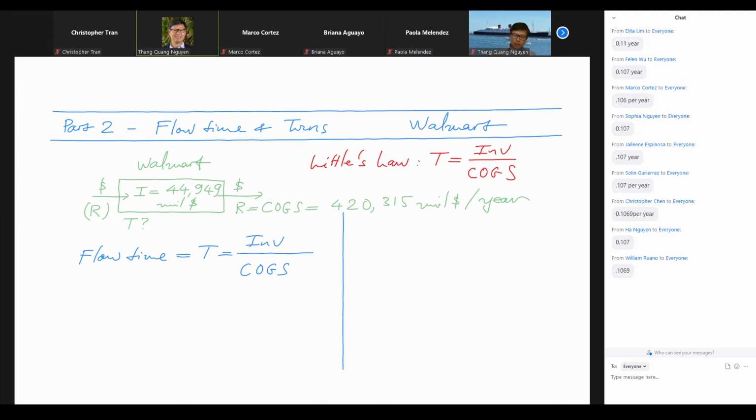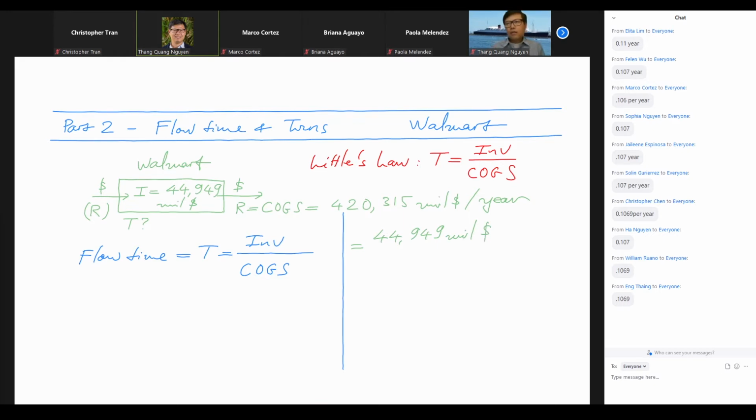So let me try this with you. The flow time in this case is the inventory, which is 44,949 million dollars. Just a lot of money, right?